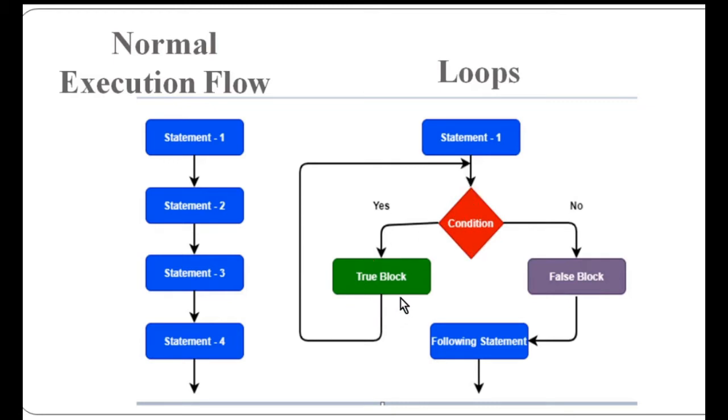The true block will be executed as long as the condition is true. Once the condition becomes false, the false block is executed and the control will go to the next statement following the loop. Here only we have the else part. It is optional for the while as well as the for loop.